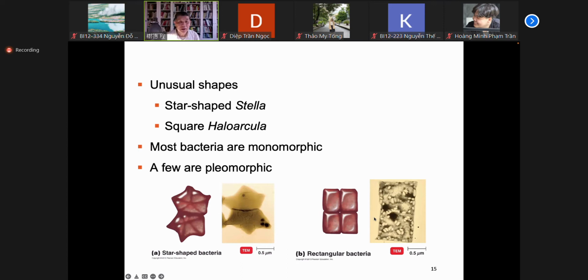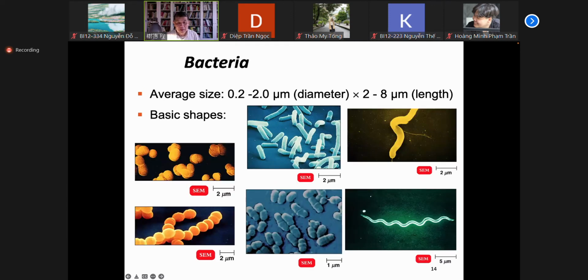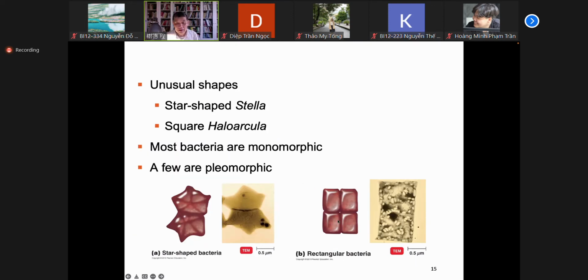These are star-shaped, called stella, and this is also star-shaped. And this is brick-shaped, rectangular. These are some more strangely shaped bacteria.